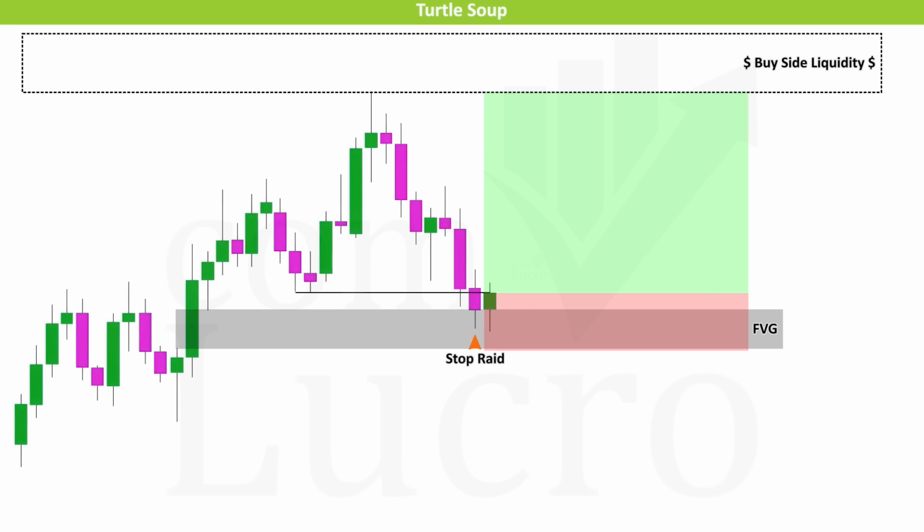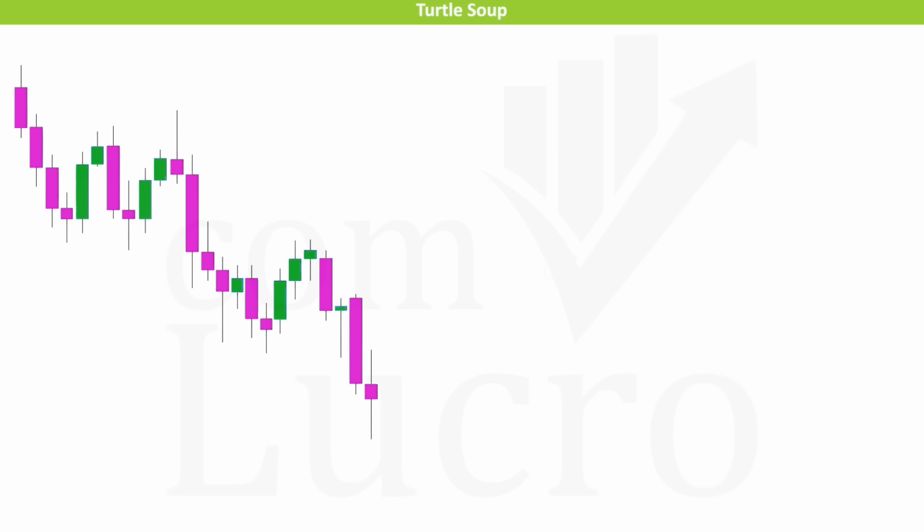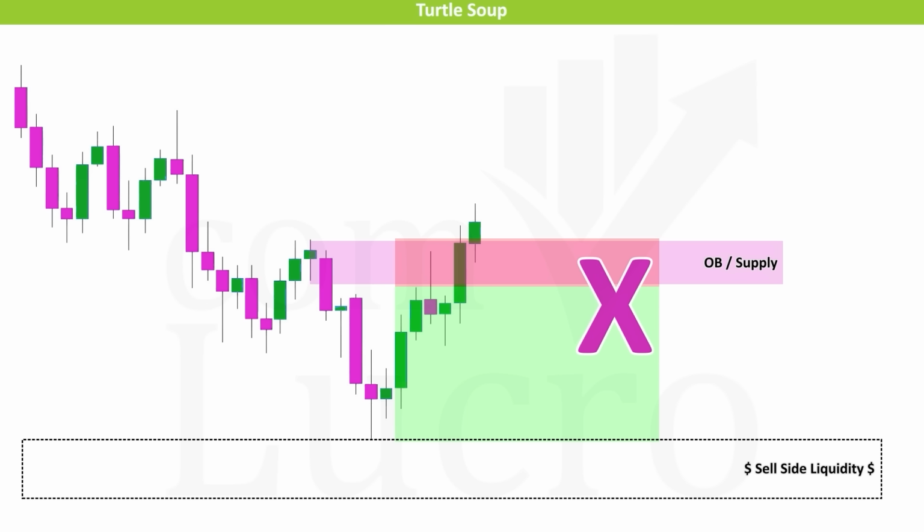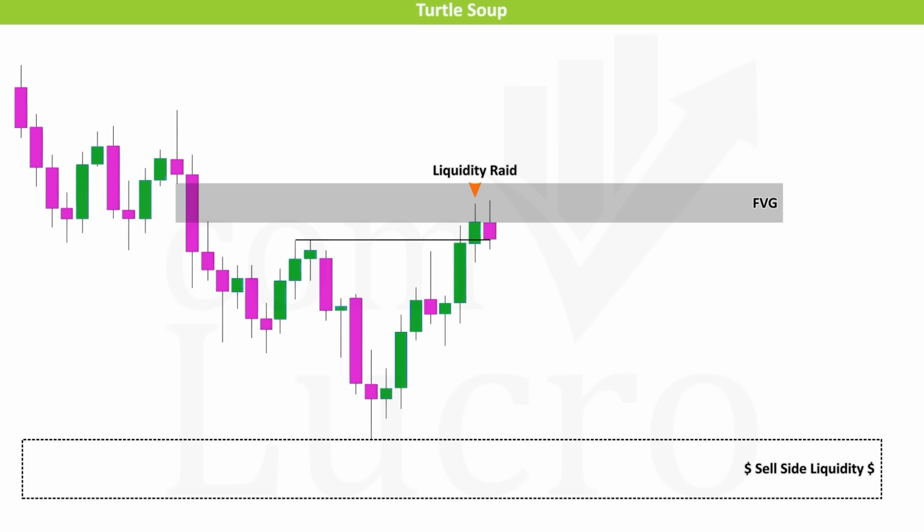From there, we target the next significant level ahead of price, typically a liquidity pool or structural high aligned with the prevailing trend. Now, in the bearish scenario, the same logic applies but in reverse. We wait for price to sweep liquidity above a recent swing high, and then watch for rejection near a bearish fair value gap.